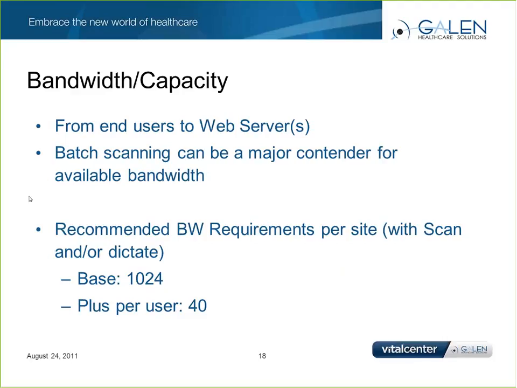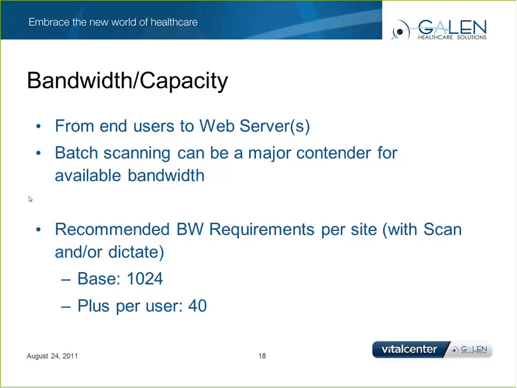It's important to keep in mind that most sites are using their connection to get to more than just the EHR. For smaller remote sites that have just a T1 to get to the internet and your data center, that EHR product isn't the only thing they're using that connection for. The recommendations that we'll talk about here briefly is a requirement per site, and most of our clients are using either scan and/or dictate.